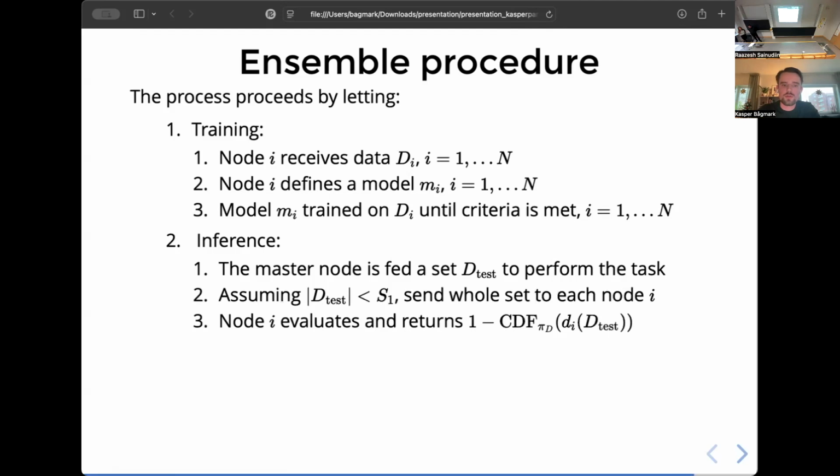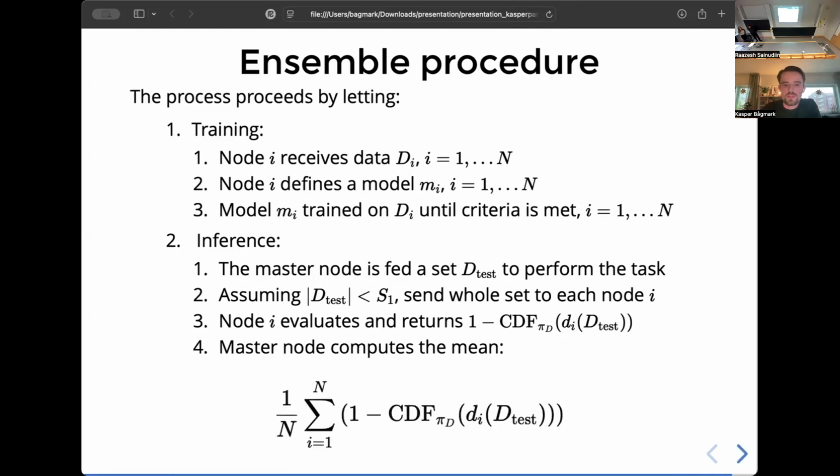And then each node evaluates and returns the anomaly score, which is, of course, very cheap transfer cost. And the anomaly score, of course, is this CDF that Michele talked about. And then each node returns this score to the master node, which computes the mean. And that's the end output of the inference cycle, essentially.